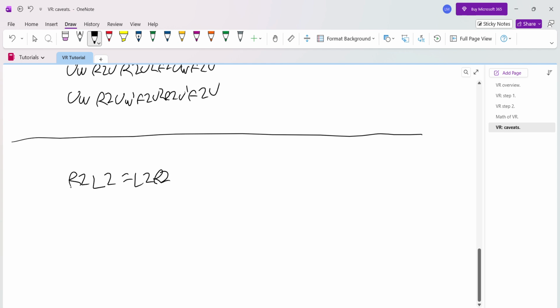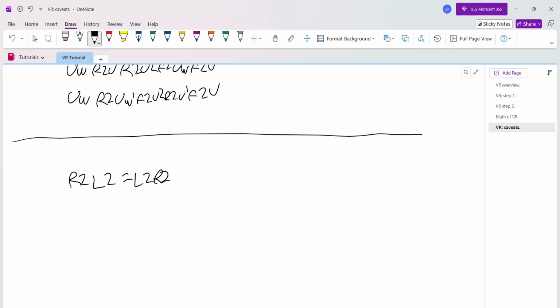Now generally, when doing VR, you're not inserting something between R2 and L2 because that adds 2 moves, and if you're not looking for VR in +2 or more, then you don't even look for these. But if you are looking for VR in +2, you need to be careful that stuff like this is different.